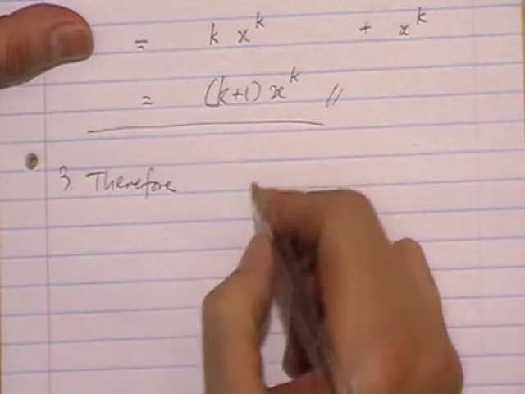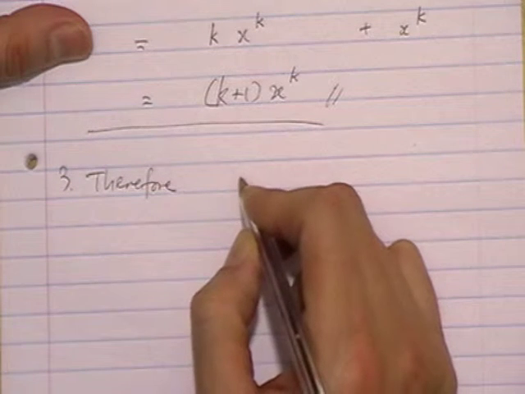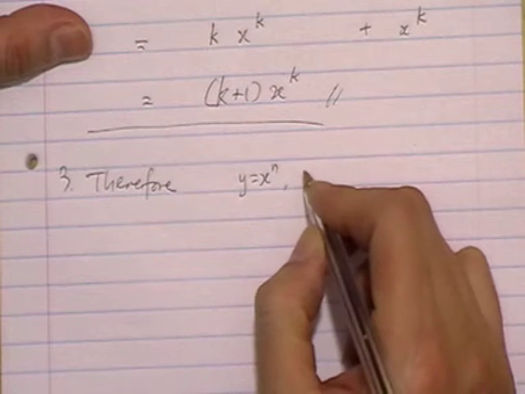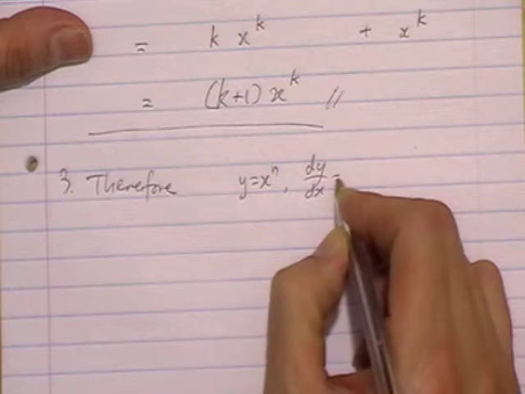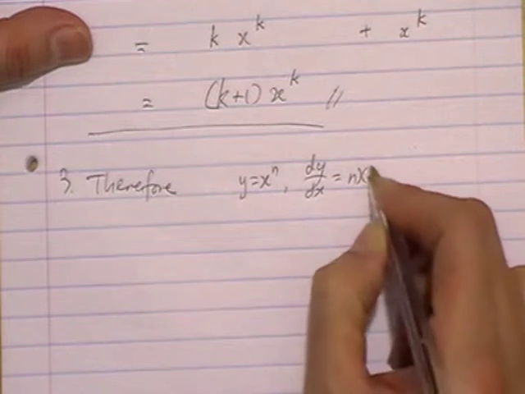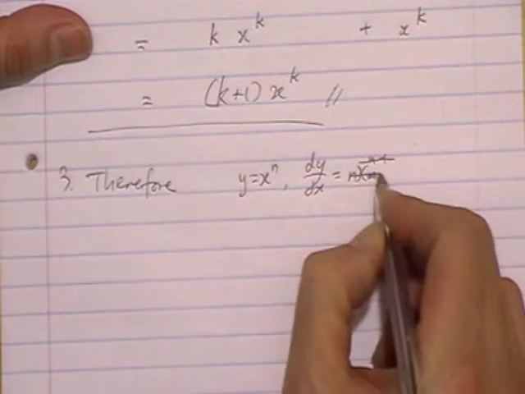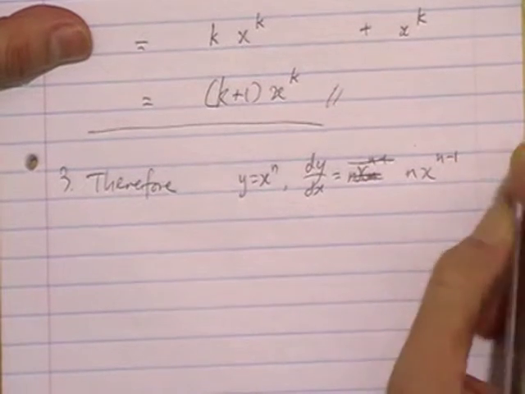Therefore, y equals x to the power n and dy by dx equals n x to the power of n minus 1.